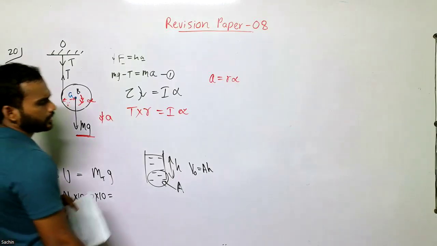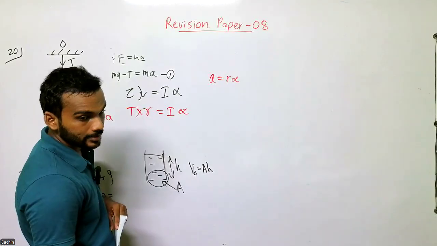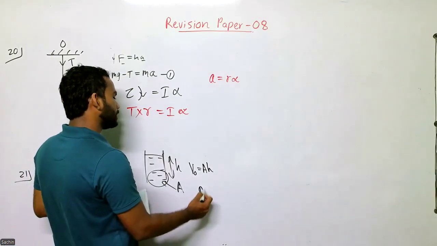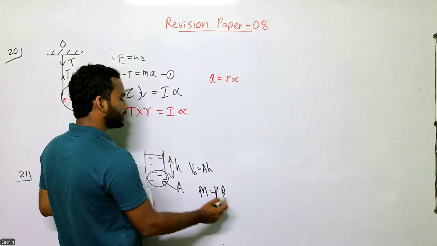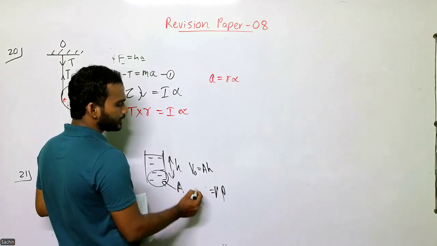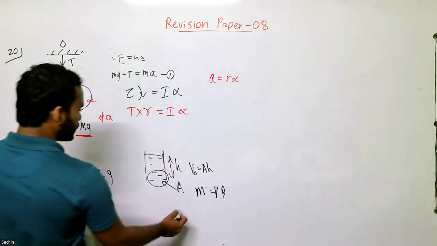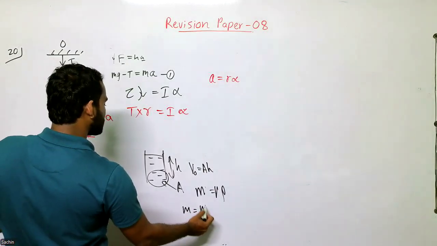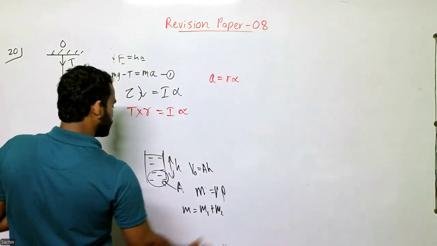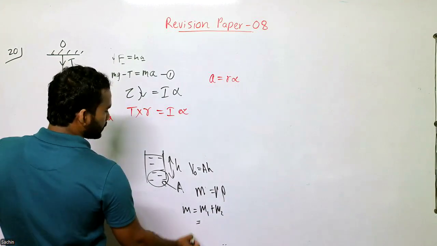the total weight. Weight is not mentioned, but the densities are. So when the densities are given, you can calculate the masses, volume times density. By the way, there are two sections there. So the mass should be evaluated as a sum of two types of materials.